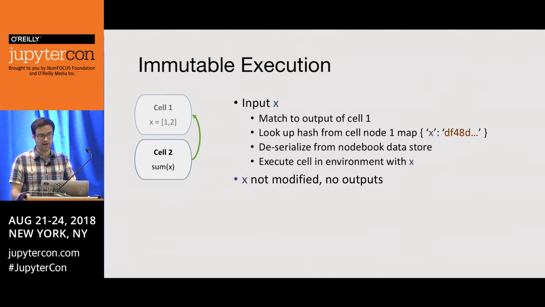So I look up the hash of that value for x from the cell node 1 map, and then deserialize x from the notebook data store. Now I can execute the cell in this environment with the appropriate value of x. And in this case, from my pre and post execution serialization, I know that x is not modified, so this cell doesn't have any outputs.